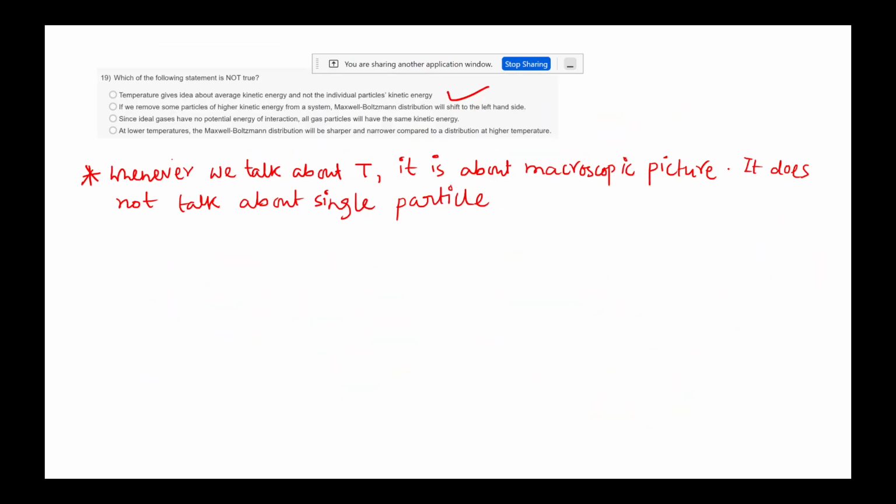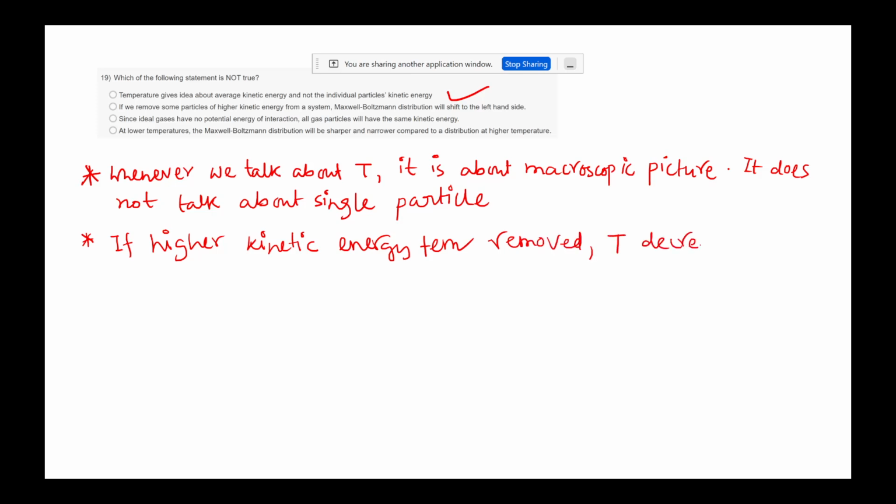If the higher kinetic energy term is removed, T decreases.